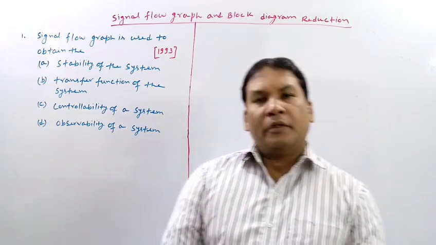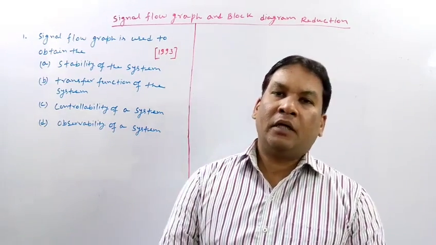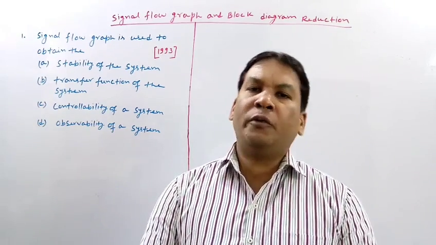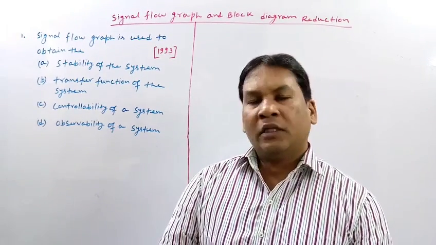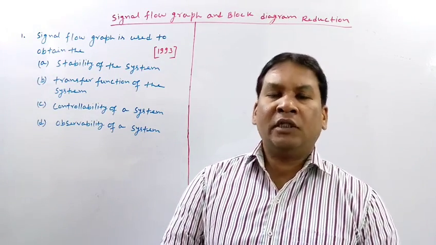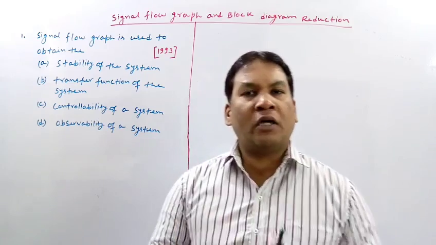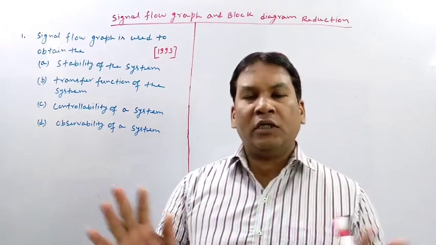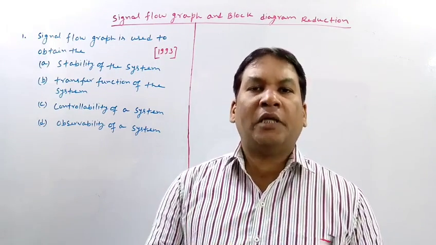So actually signal flow graph has nothing to do with any other things. It is only meant for finding out the transfer function of a system. It doesn't have to do anything with stability.